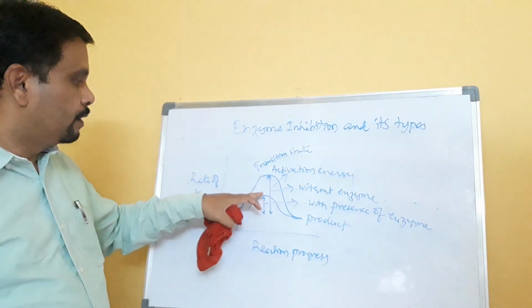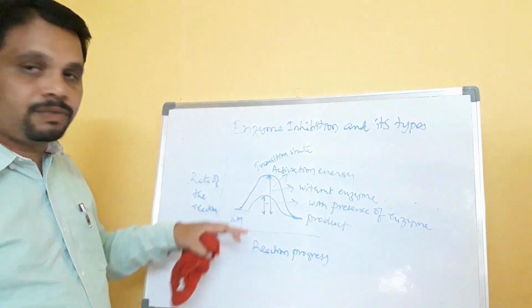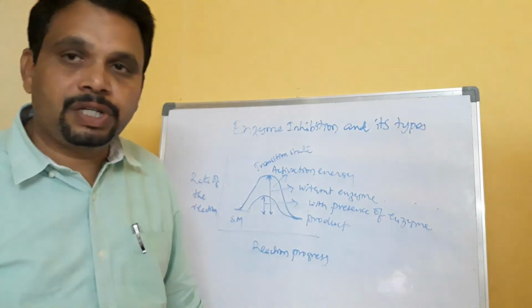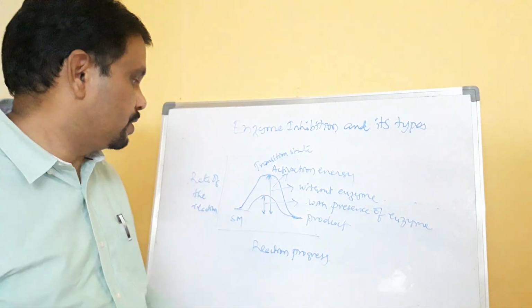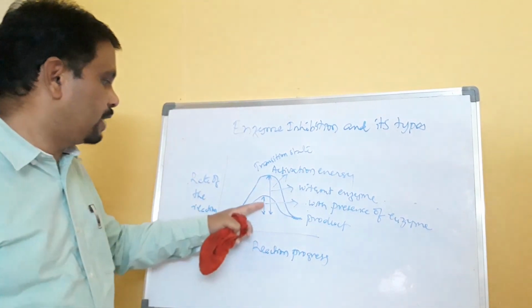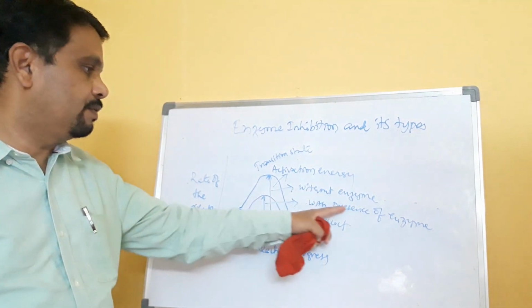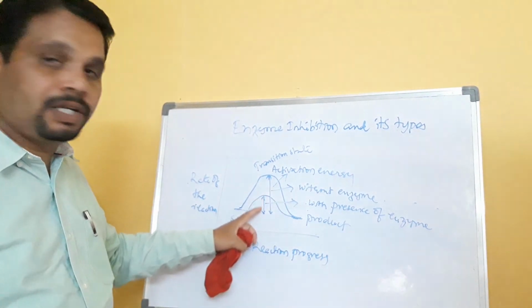The required energy from starting material to transition state is called activation energy. So without enzyme the activation energy is more. With the presence of enzyme the activation energy is less.